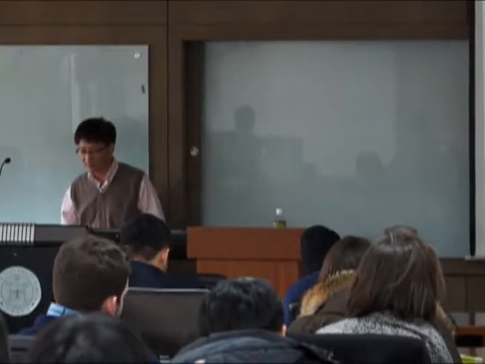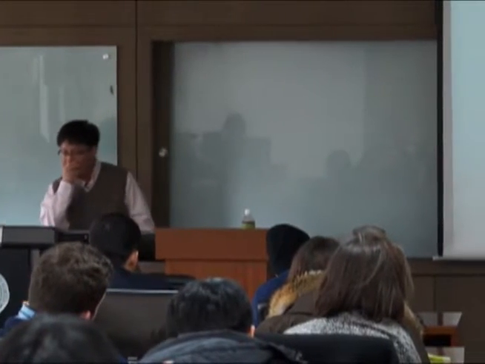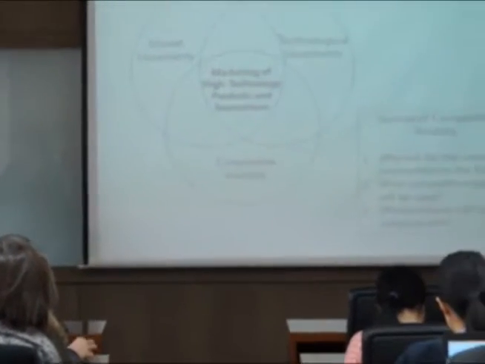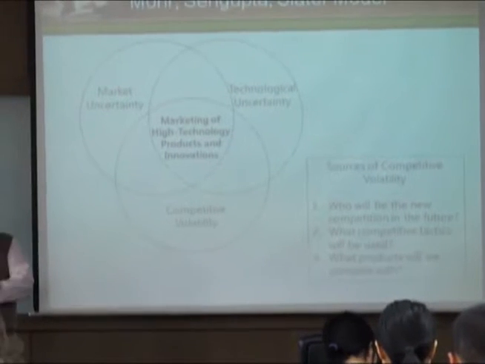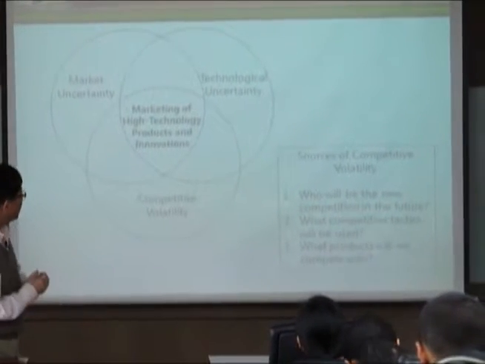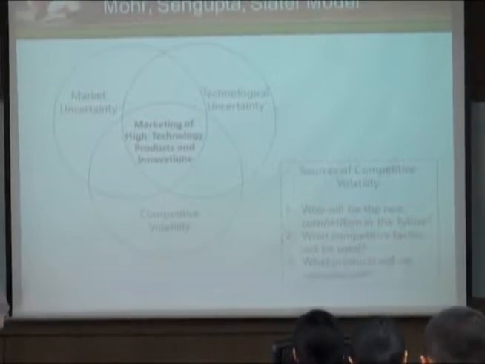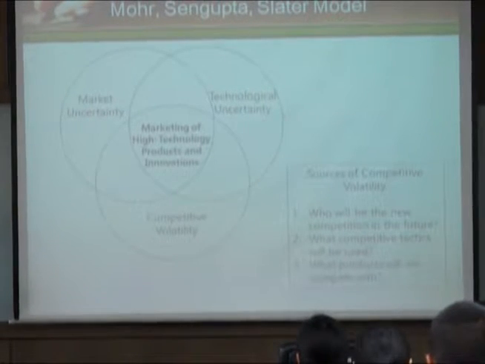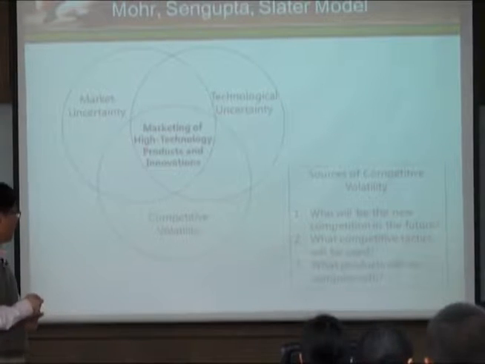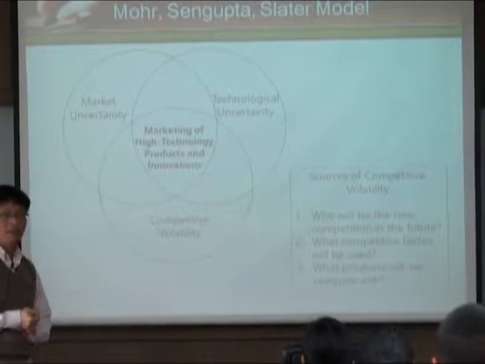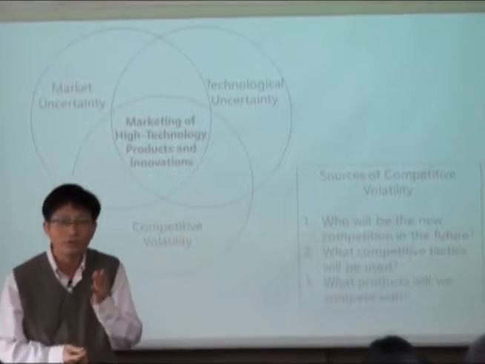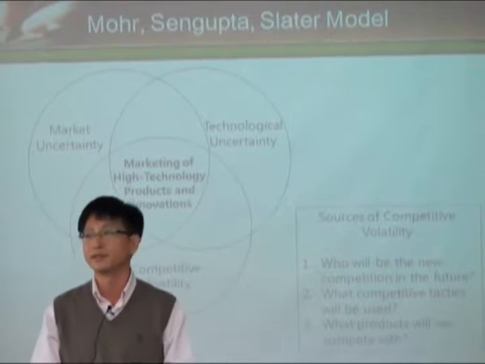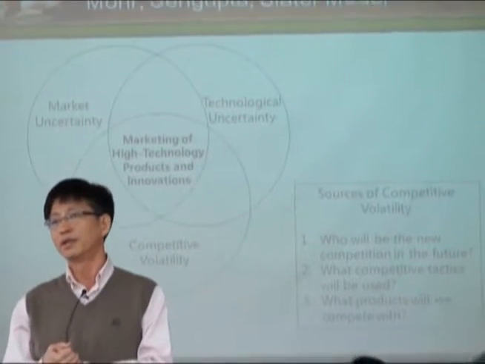That's a market uncertainty. Traditionally we have been talking about market uncertainty and technological uncertainty. But there are people also talking about competitive volatility, because you don't know who is going to compete in the market.